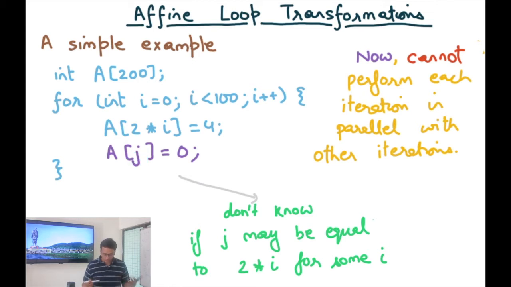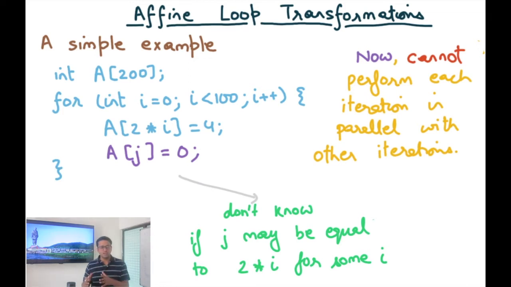And so it's no longer possible to parallelize each iteration of this loop separately, because we don't know if j may be equal to 2 times i for some i. And so notice that this is no longer an affine loop nest, because the address access to A of j is no longer an affine expression on the surrounding loop variables, because j is not a surrounding loop iteration variable.